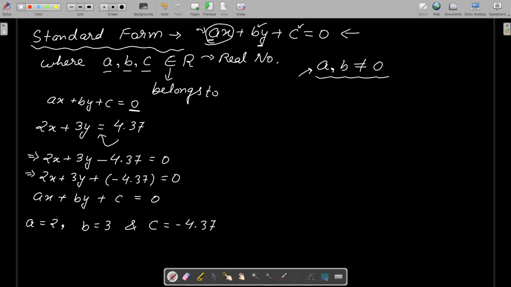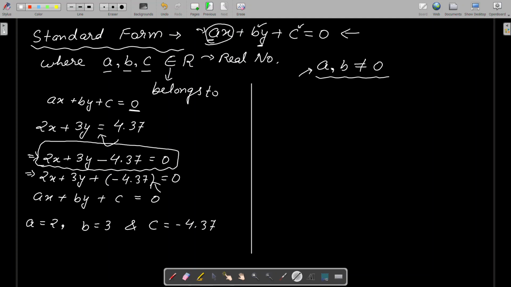This is how, after writing the equation in the standard form, you can find out the values of A, B and C. See, if you have left your answer in this form also, this is correct. You need not go through this step. This is just for your understanding. Am I clear? I hope.